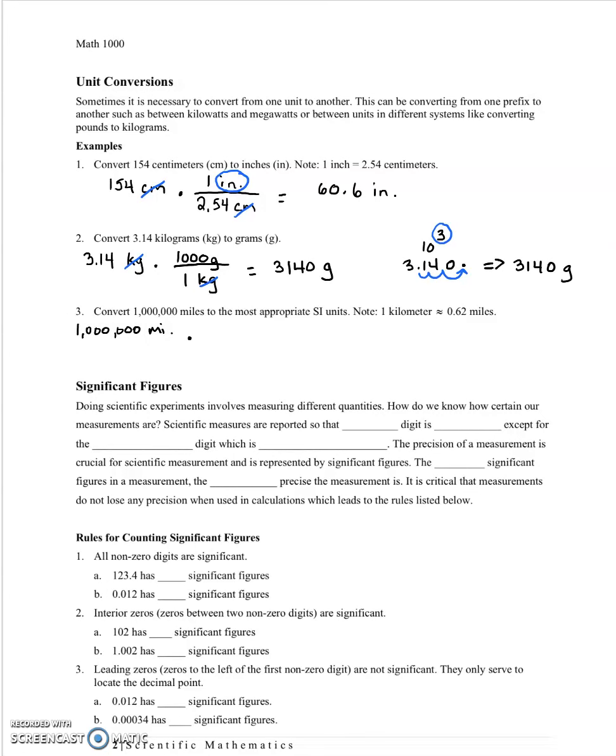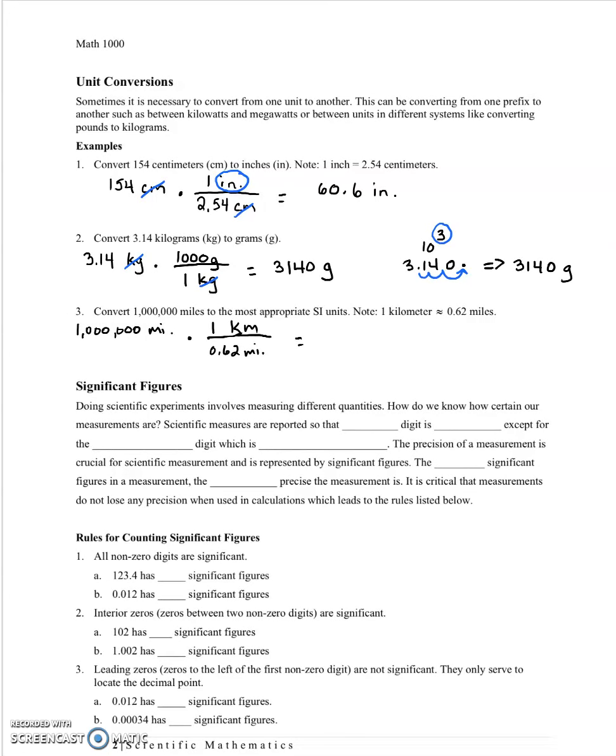And we have that 1 kilometer is 0.62 miles approximately. So miles goes in the denominator, and the 1 kilometer goes in the numerator.